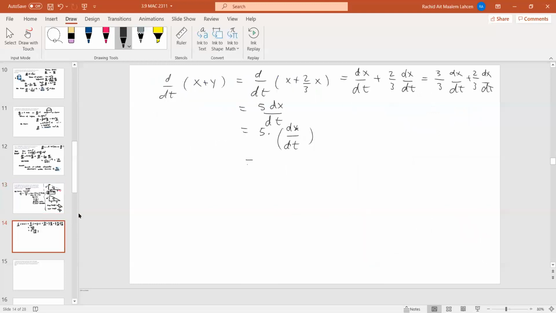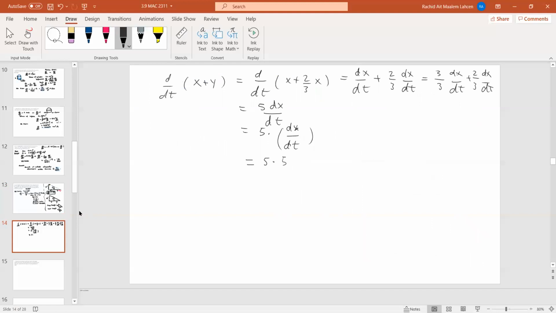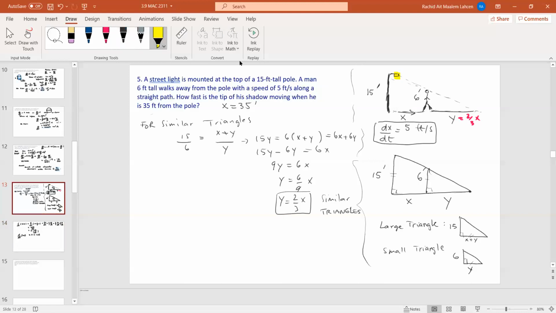So for this example, all right, 5 times 5, 25. So that's the rate of x plus y. And again, what is x plus y? It's this point here that we are interested in, how its position is changing per time.